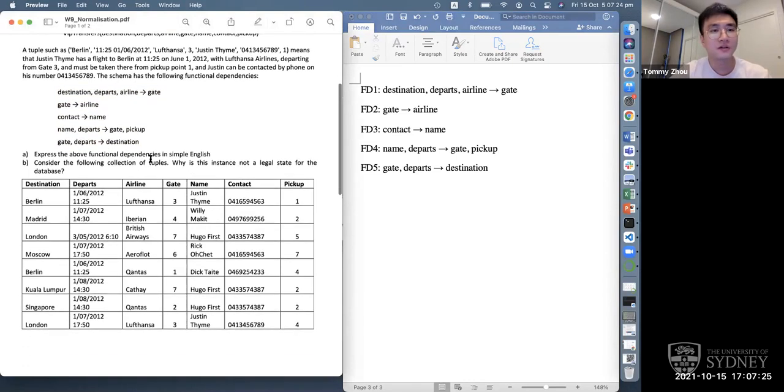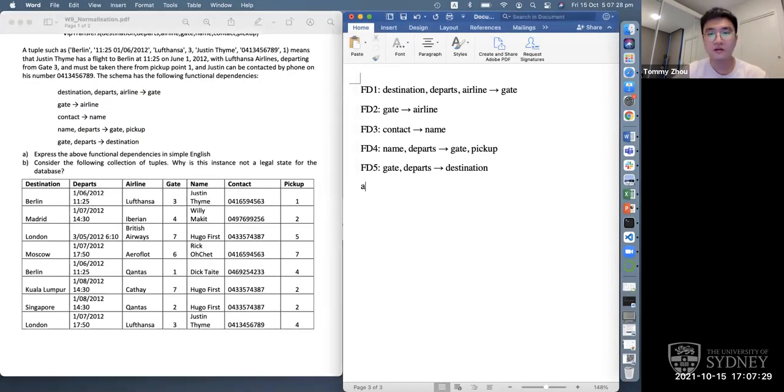Express the above functional dependencies in simple English. The best way to go about doing this question is you might want to use the keyword functionally determines, which is not the perfect way of doing that, but definitely you can.